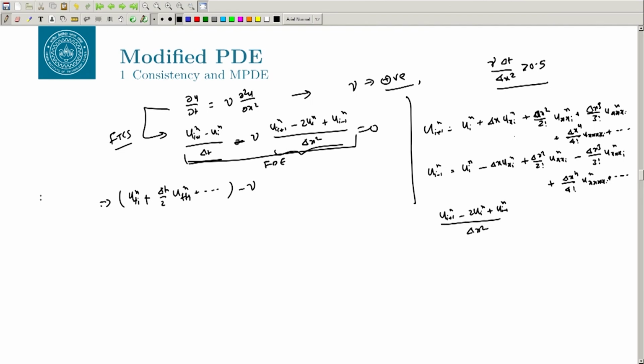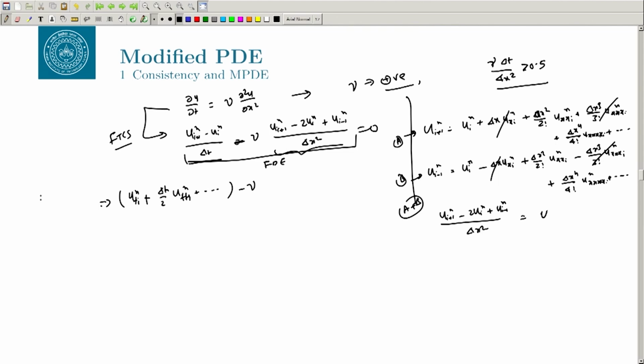So if I add a and b, then we will get this term. The first derivative terms get cancelled out, the third derivative terms get cancelled out, and that is why I had to write the fourth derivative. The delta x square terms add to 2 multiplied by 1 by factorial 2, which becomes 1.